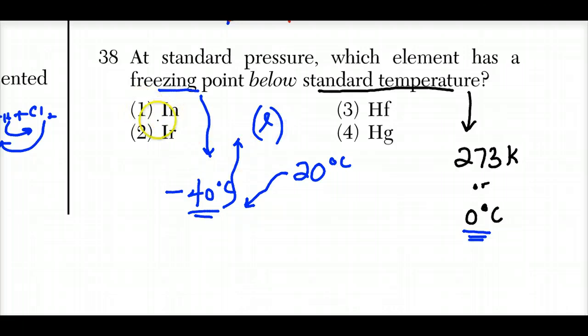And if you look at your elements, you may not really know too much of these, but you should know that mercury is one of our only liquids. We have two elements that are liquids. One is a metal, and that's mercury, and one is a nonmetal. Bromine is a liquid. So again, if you're above your freezing point, or above your melting point, same temperature, you've melted.